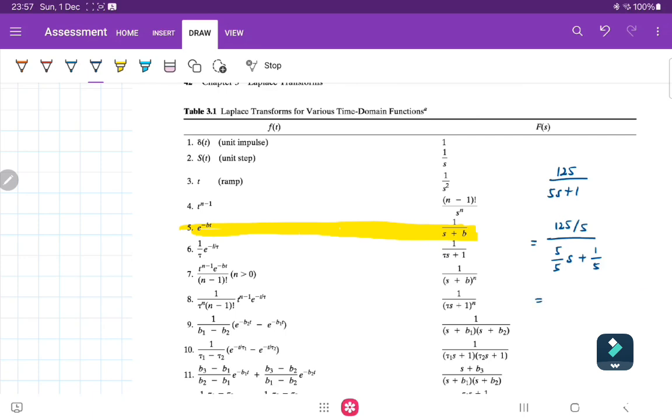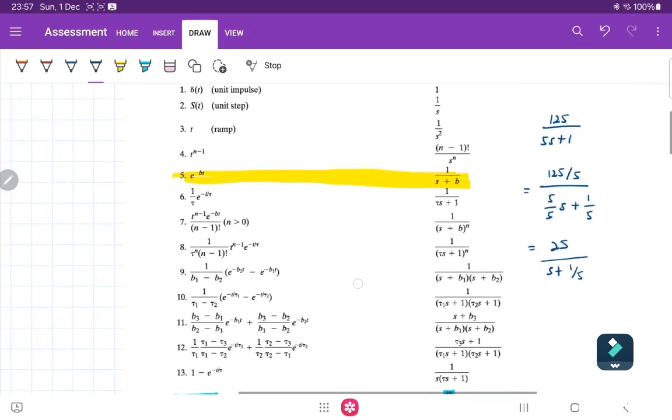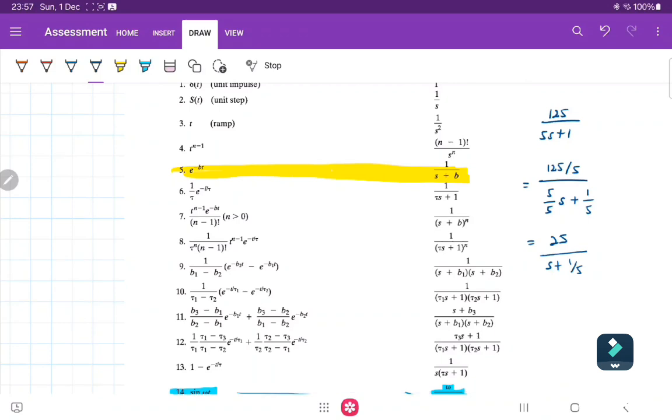So what we have, 125 over 5 is 25, over s plus 1 over 5, okay? So this term, when you inverse Laplace it, it will give you 25e to the minus 1 over 5t.